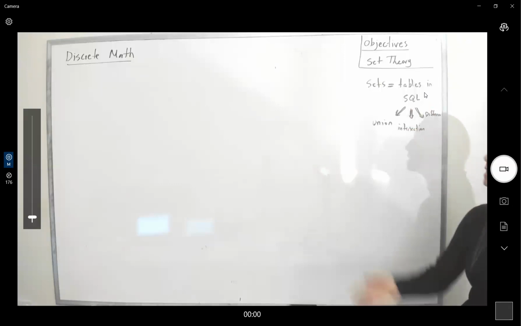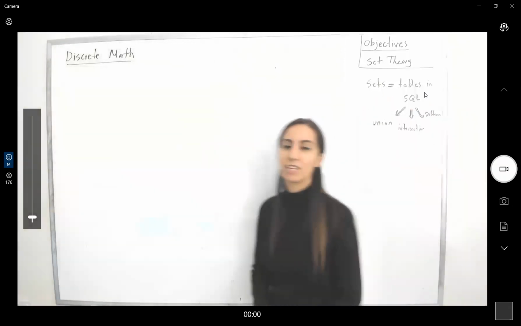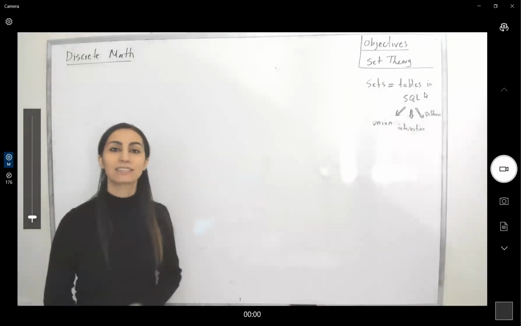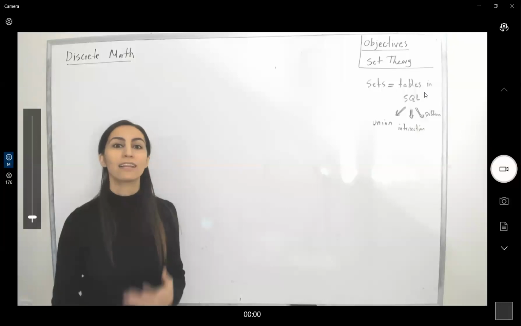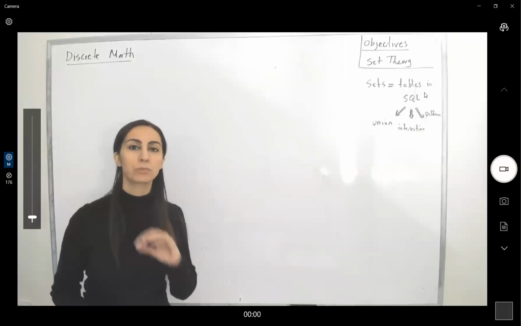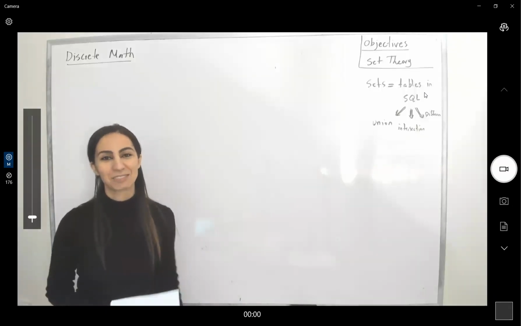Tables are basically sets. In this chapter, we're going to talk about the relation between two sets, three sets, and more, how to analyze sets, what's the relation between sets, and how to prove those important properties in between sets.